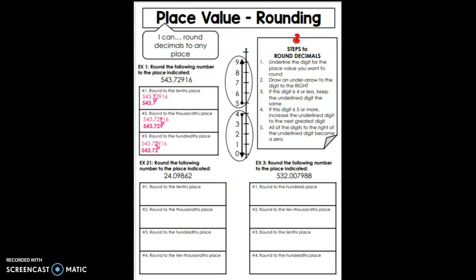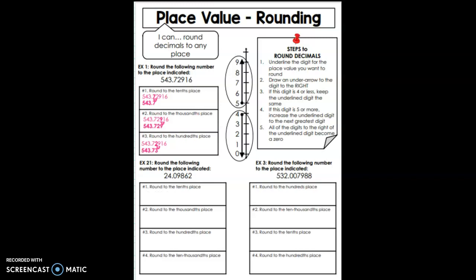Since the 9 is larger than 5, we're going to round the 2 up to a 3. This is the first time our number is changing. 543 and 73 hundredths. Notice with decimals, we don't have to change the rest of the digits to 0. They just disappear.